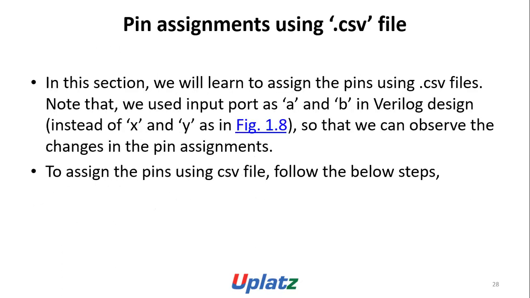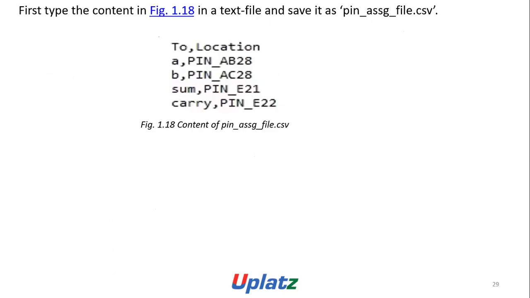In this section, we will learn to assign the pins using a .csv file. Note that we use input ports A and B in the Verilog design instead of X and Y as in figure 1.8, so that we can observe the changes in the pin assignment. To assign the pins using a .csv file, follow these steps.